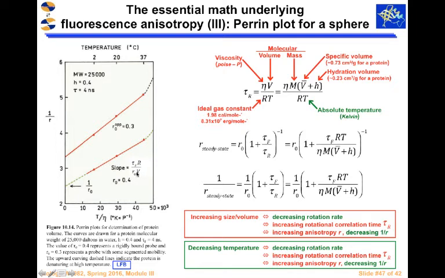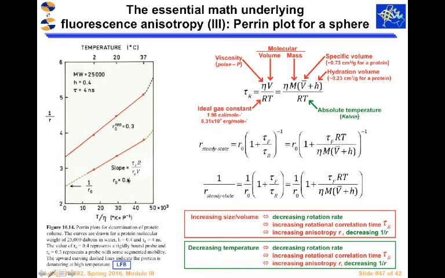That's actually the hydrated volume of the particle. Mass times V bar plus H gives you the hydrated volume of the molecule. I'll come back to that later on. But basically, if you know this slope, you should be able to measure the hydrated volume of the molecule. And this is quite a useful way to characterize molecules.